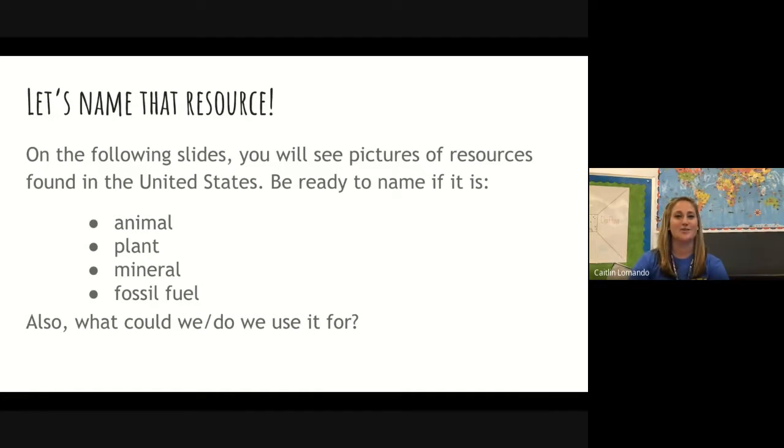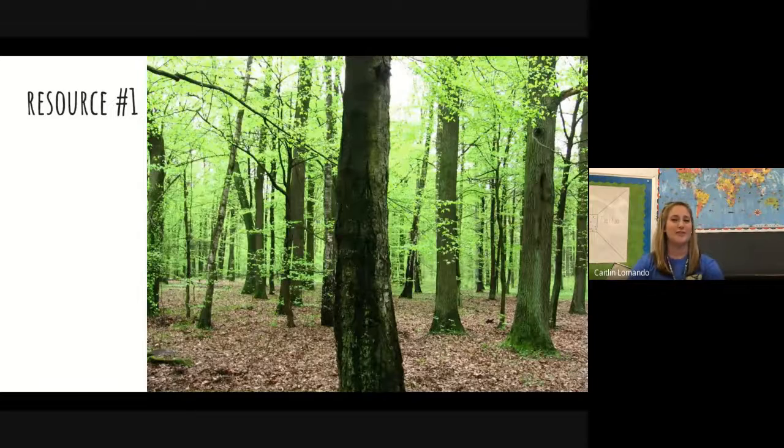On the following slides, you will see pictures of resources found around the United States. Be ready to name animal, plant, mineral, fossil fuel. Also, what can we use it for? Here's our first resource. I want you to think to yourself, is it animal, mineral, plant, or fossil fuel? If you guess plant, you're right.